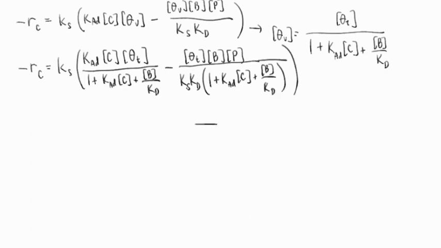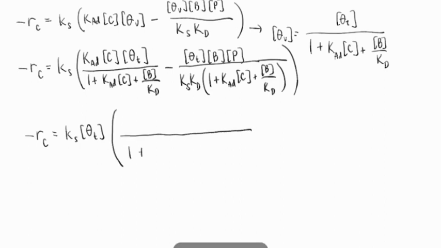Further simplification would lead us to the net rate of consumption of cumene is equal to small ks multiplied by the concentration of the total number of active sites. We simply factor that out. Multiplied to, we can use the common denominator 1 plus K adsorption, concentration of cumene plus concentration of benzene over capital Kd.